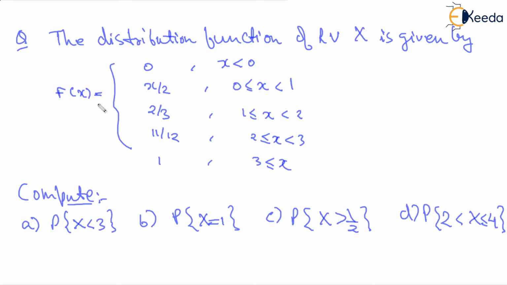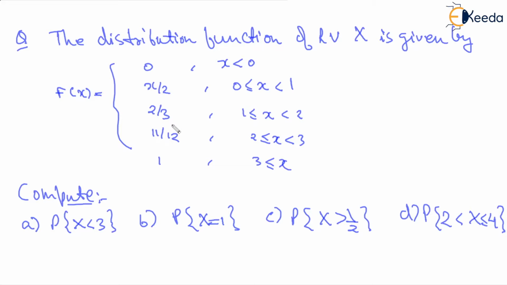This is our distribution function, and obviously we can see it is changing at some points like 1, 2, 3 and so on, and it remains 2 by 3 for certain values, 11 by 12 for certain, and then 1. So this is somewhere a discrete random variable.